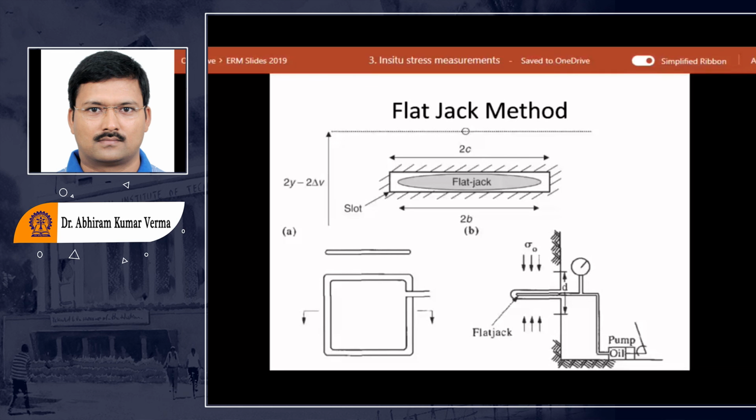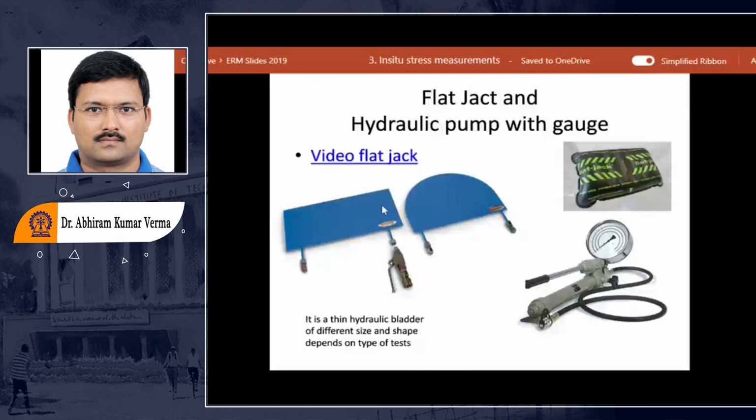If we have a flat jack inside the slot, we apply pressure on top of it. The direction of the stress will be perpendicular to the flat jack surface. So this way we can also determine the direction of the stresses, as well as the plane and the magnitude. All three parameters are defined by this flat jack technique.